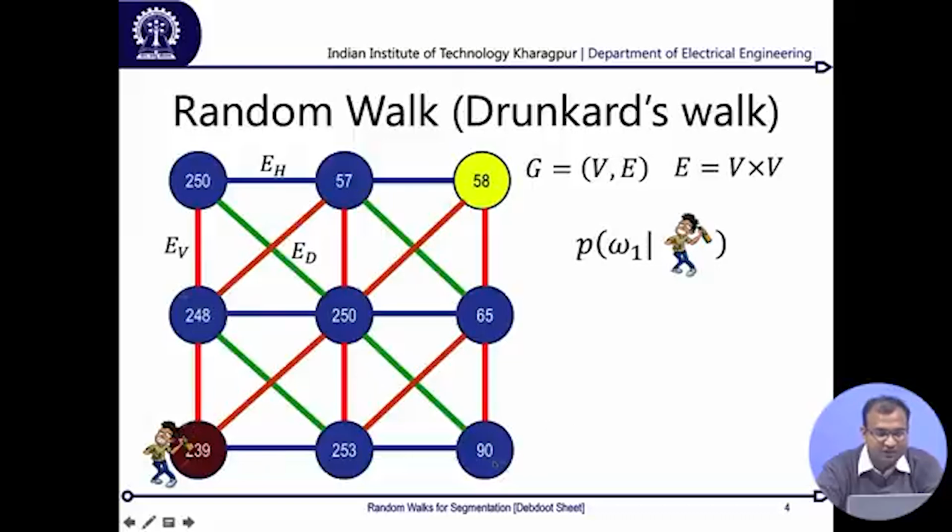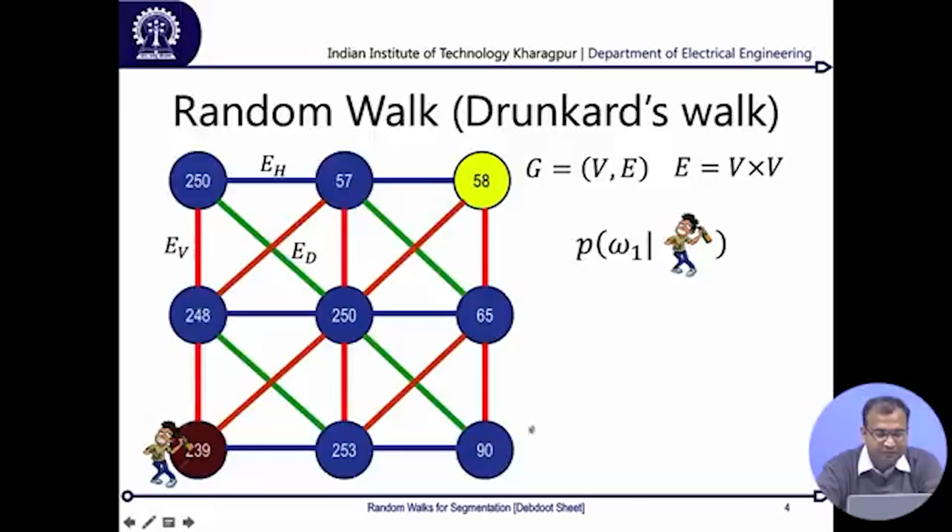Okay. Now, given that he is at a particular node, there is a probability that he will reach this first class, which is omega 1. Okay. And that you can obtain very easily by just counting the number of times he has reached this omega 1 via all the possible paths over there, divided by the total number of times he attempts to reach some particular point.